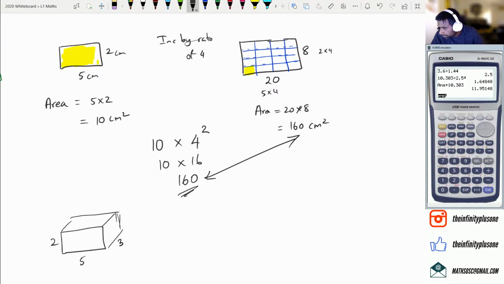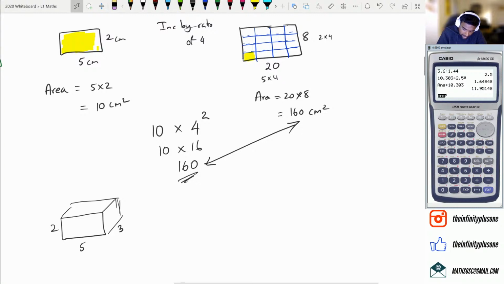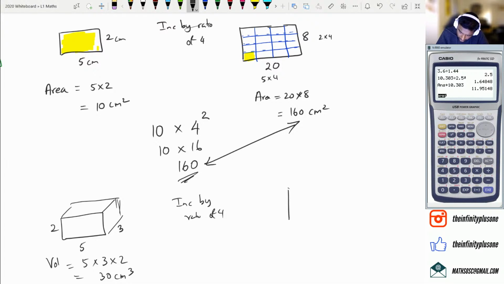That's correct, Lena, yeah. So if we're working with a volume, a volume in this case is going to be 5 times 3 times 2, which is 30 centimeters cubed. So if we increase by a ratio of 4, then the new shape is going to look like this.